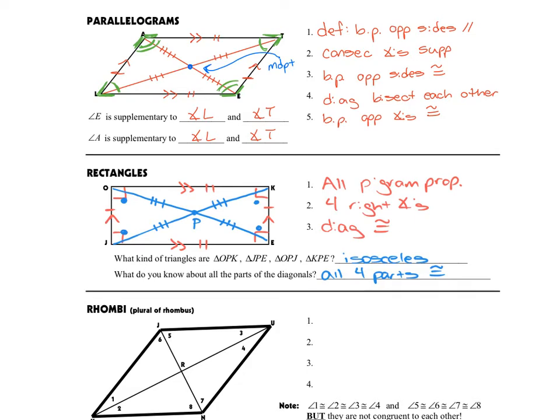Those triangles are congruent, and of course they're isosceles, so their base angles are going to be congruent. So these four angles are congruent to each other. And I typically just mark those four little dots. I feel like the colors are a little bit easier to follow. And then when I'm trying to figure out what angles are congruent to what, it's just a lot easier for myself to follow there. Okay, so that's all I've got for rectangles.